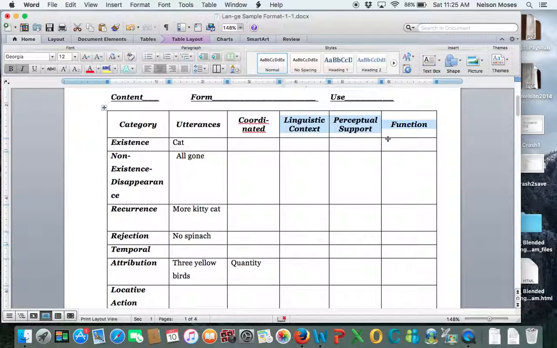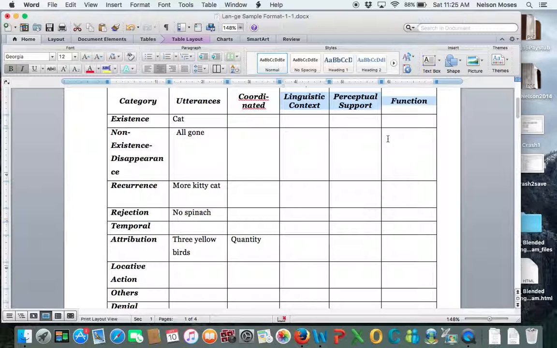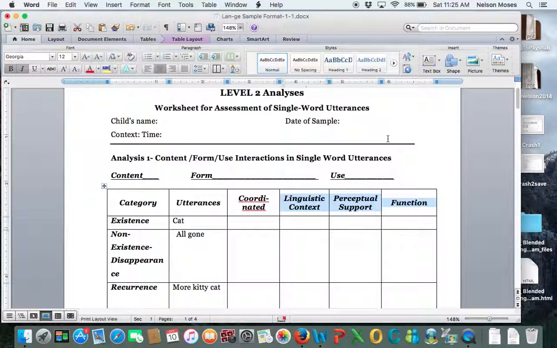I do this in this order because the content-form interaction, to me, is more complex and systematic than the pragmatics analysis. But we will come back to the pragmatic analysis, I promise you. Remember, the Bloom and Lahey analysis is a content-form-use analysis.